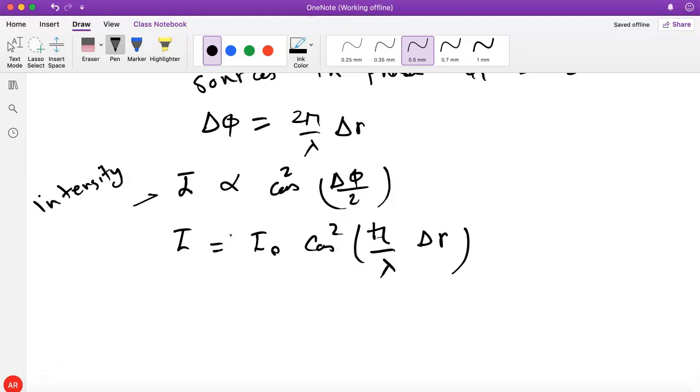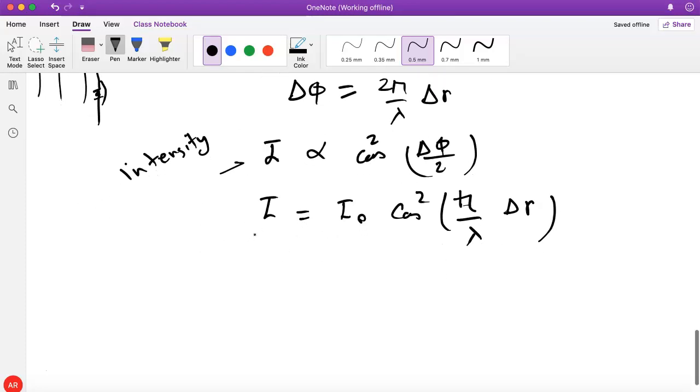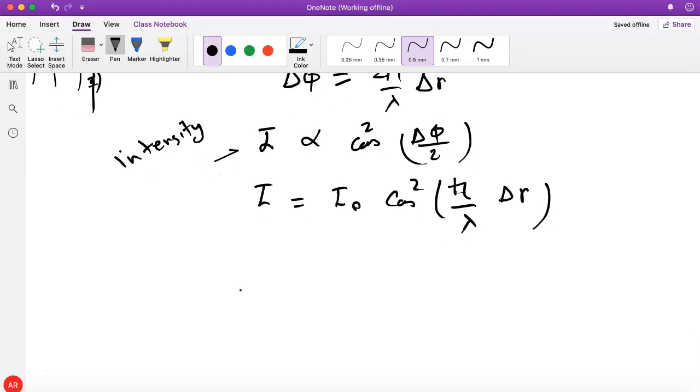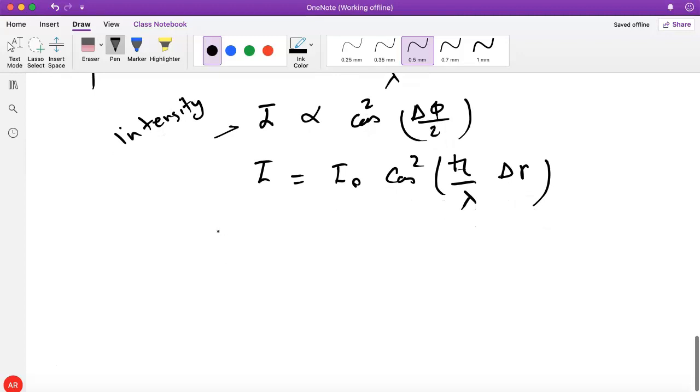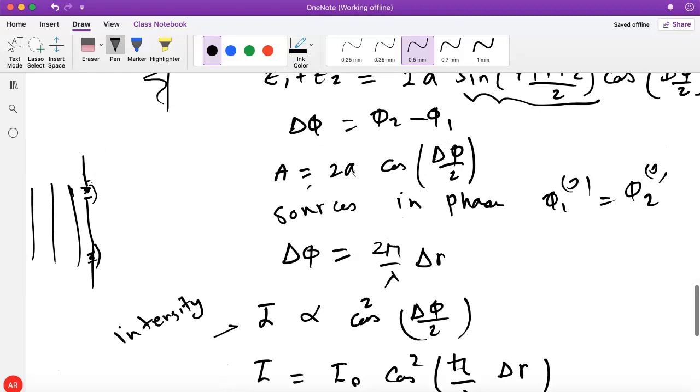All right. It also helps to relate this to the intensity of individual sources. So if you just had one source, let's say you block the other. So again, you have your two slits here and here, right? And let's say I block this. Then what is the maximum intensity that I get from just one of these? Well, it's going to be proportional to little a squared, right? There's no interference, so whatever the coefficient is, it's going to be proportional to a squared.